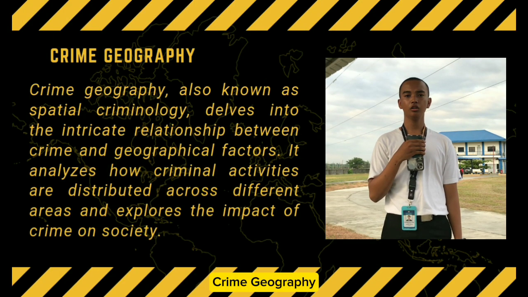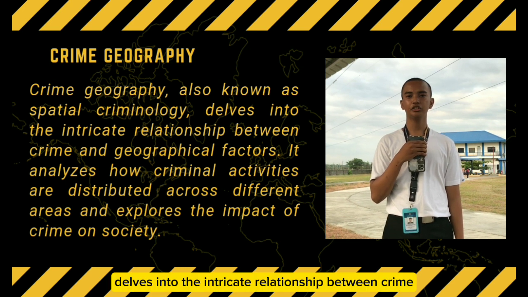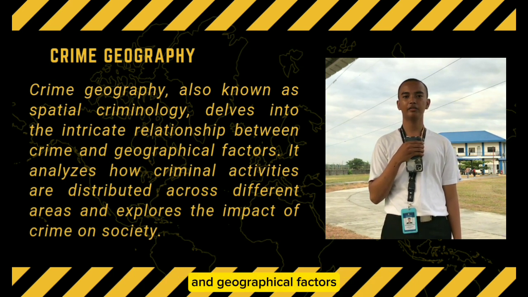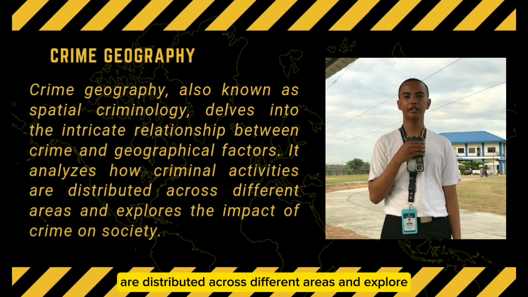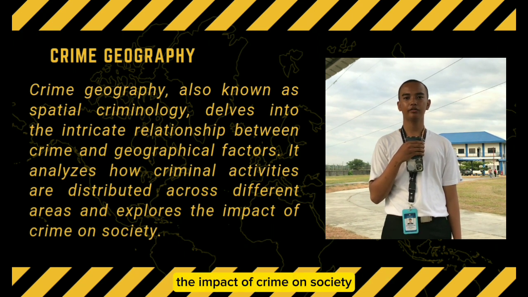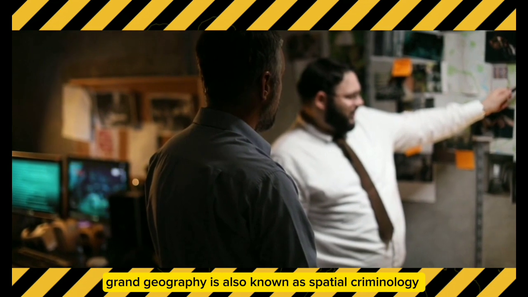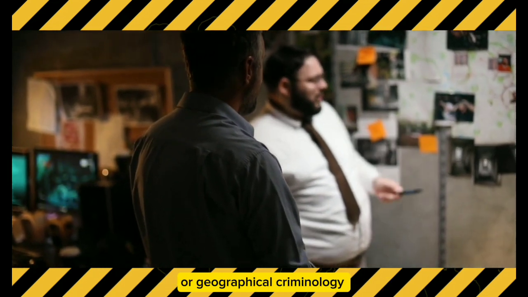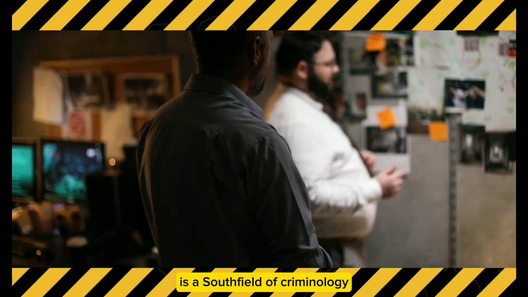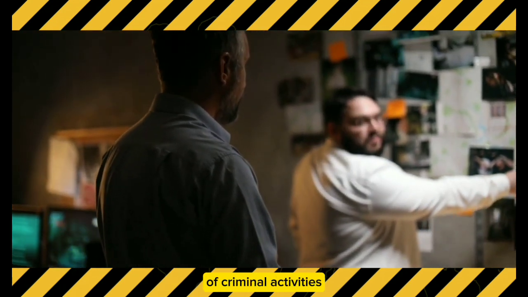Crime geography, also known as spatial criminology or geographical criminology, delves into the intricate relationship between crime and geographical factors. It is a subfield of criminology that focuses on the spatial patterns of criminal activities.